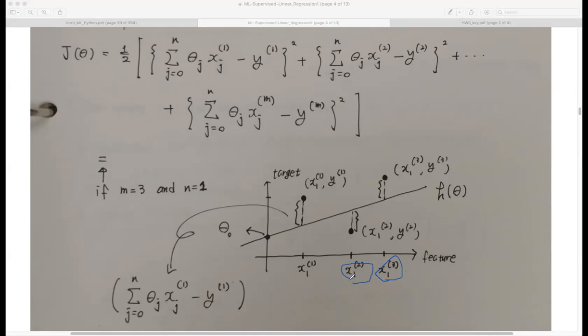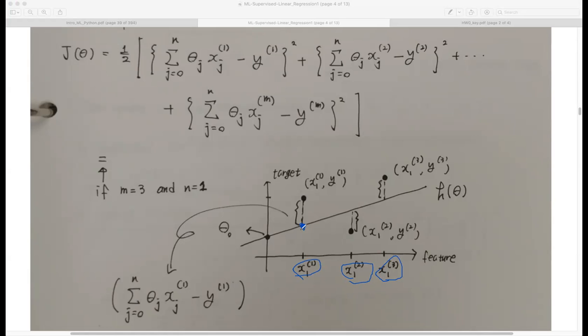Okay, you see that here. For each example, x sub 1 super 1, x sub 1 super 2, x sub 1 super 3, we can approximate the target value, I mean the price of the house, right there. That's the point.